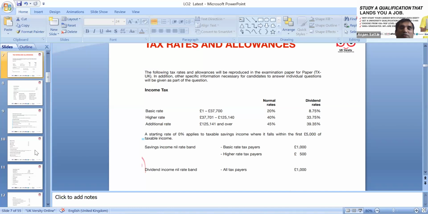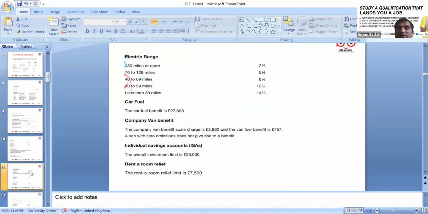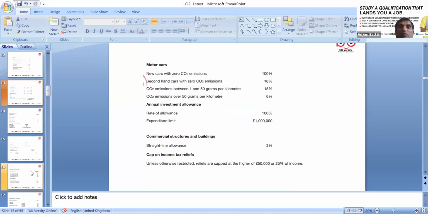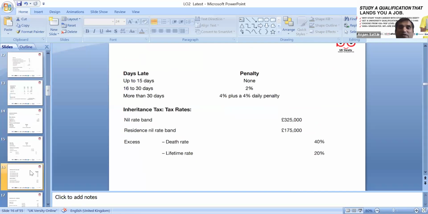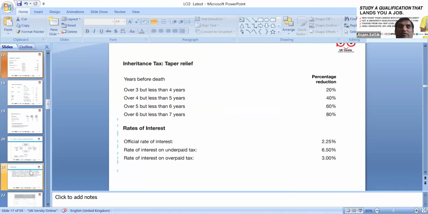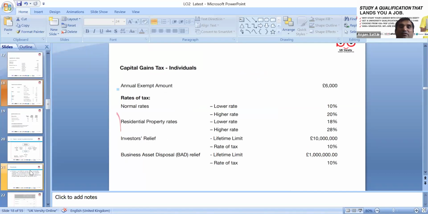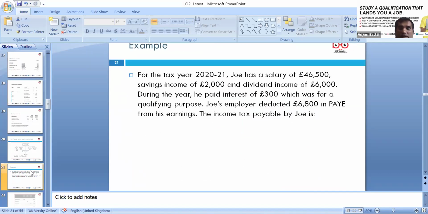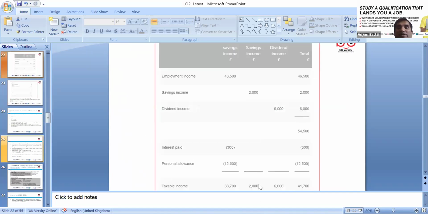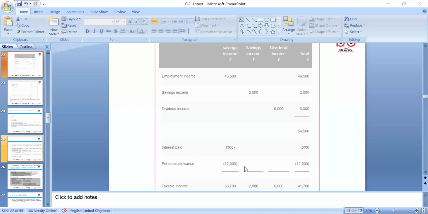So that's what we need to look at. So qualifying is any money you borrow for the sake of doing business or for investment, and it's allowed as a qualifying purpose. £300 as an example, that's what we can claim, so we don't need to pay tax on this, and we can reduce a tax liability. Okay, so please, we can look at it here.